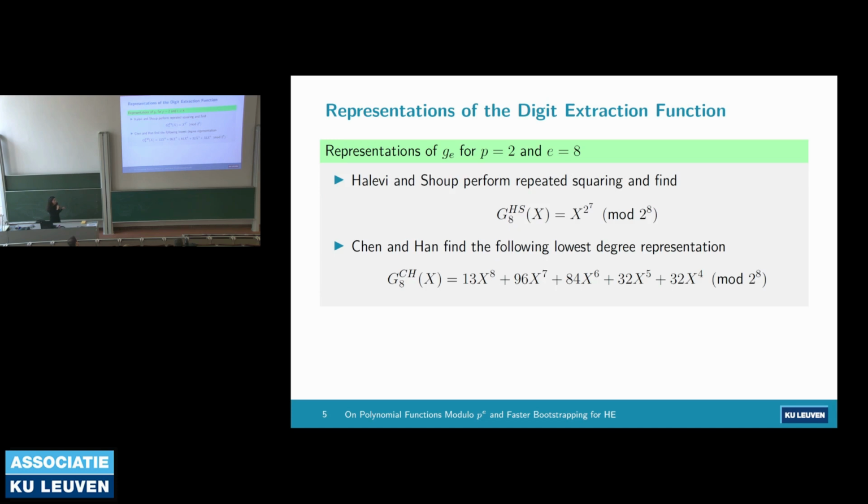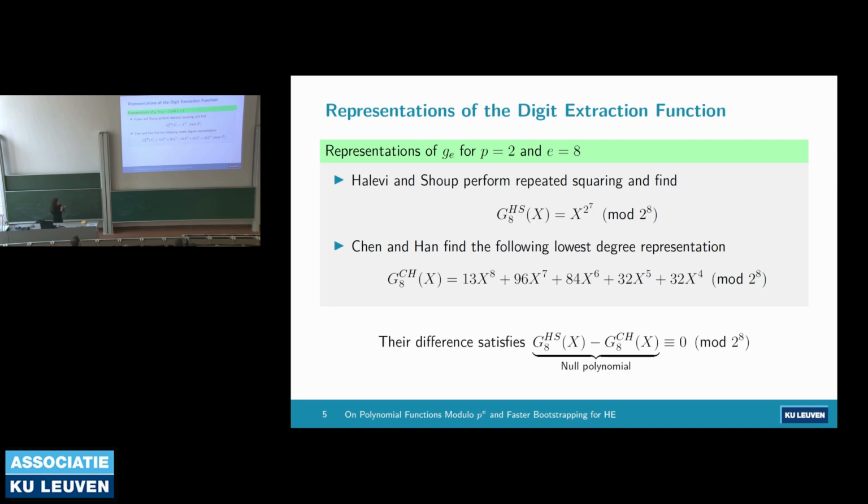For example, when p equals 2 and e equals 8, Halevi and Shoup find a representation of multiplicative depth 7. Later, Chen and Han improve it with another polynomial of multiplicative depth 3.